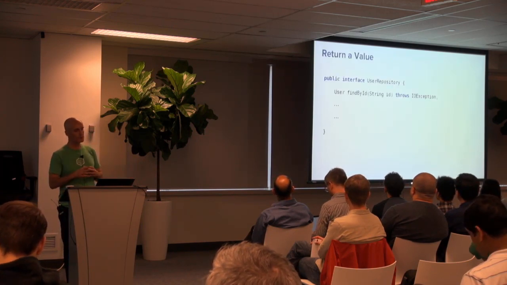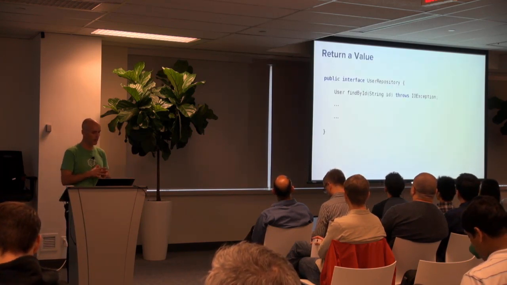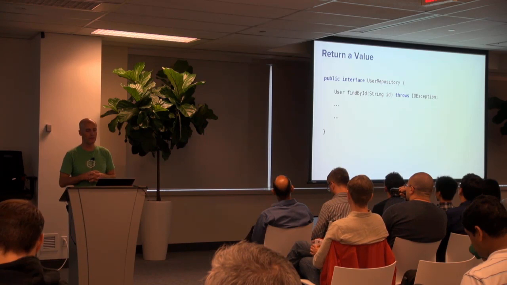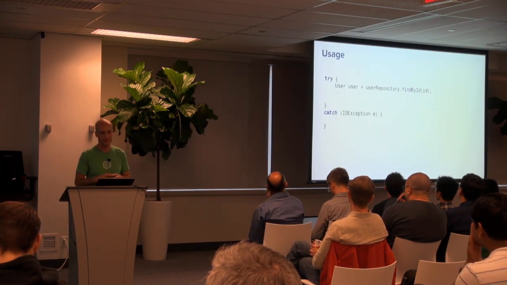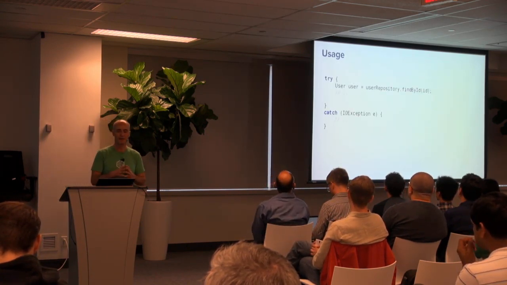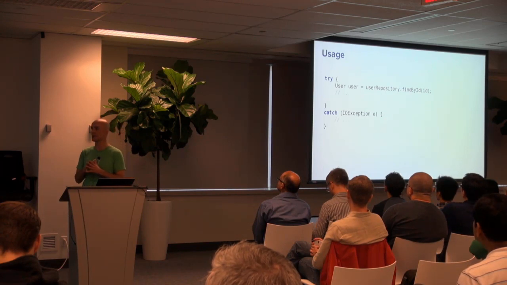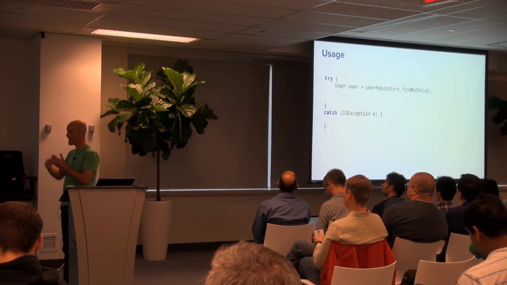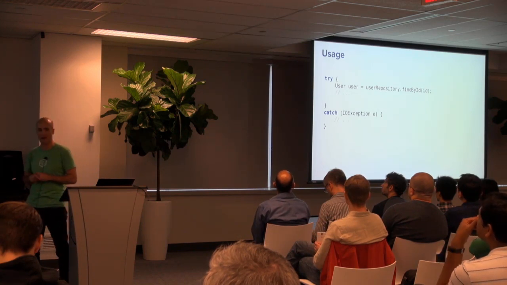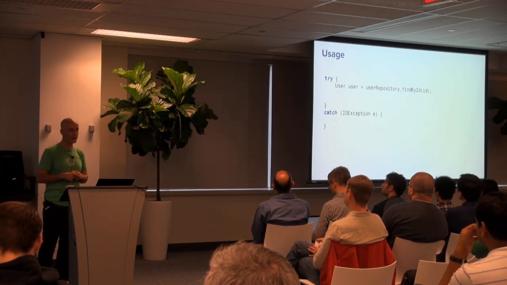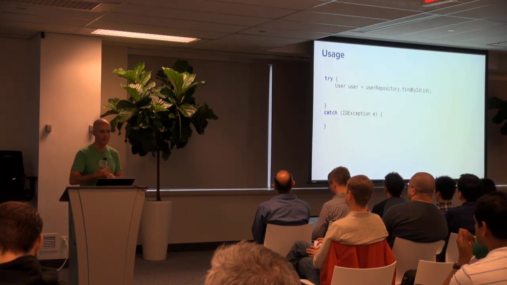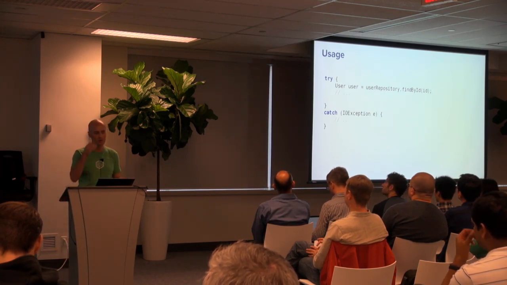So we have a user repository, and that has typical methods like, for example, finding a user. And if we can't find that user, there will be an exception. This is what I mean by imperative programming. It's a bit of a fancy word for basically laying out your logic in a straightforward top-down fashion, where you say, call the user repository, find me a user, and then when that user is there, I continue to the next thing.